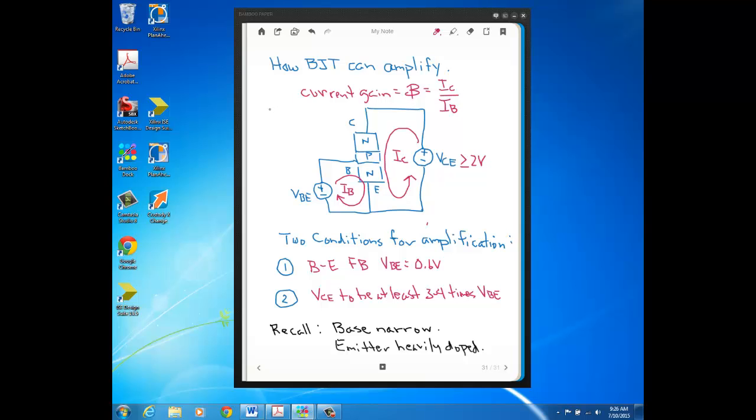Now, there is a spec item, an item that you'll find on the data sheet of a BJT. There's something called beta spec. This is beta. Again, you would find this on a data sheet.